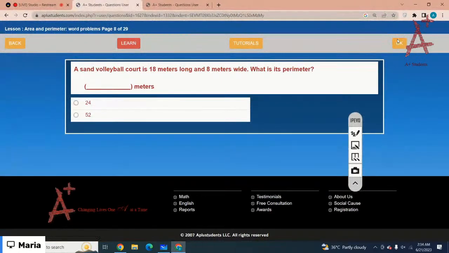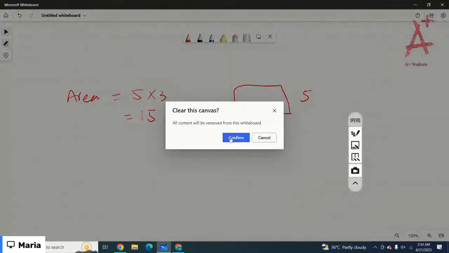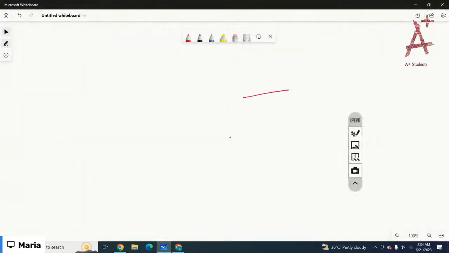Okay, a sand volleyball court is 18 meters long and 8 meters wide. What is its perimeter? So how do we calculate the perimeter? It is a rectangular shape. The other side also has 18, and you have to calculate the perimeter.